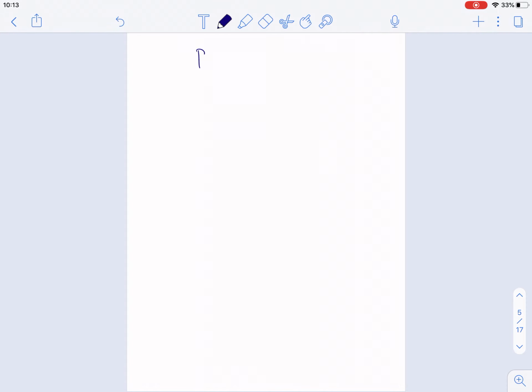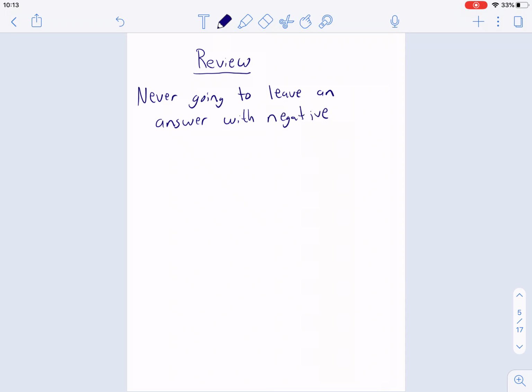Now to do a quick review of the lesson that we just learned. When we're working with exponents, we are never going to leave an answer with negative exponents. We always want to have positive exponents. So no matter what, we are not going to have negative exponents.